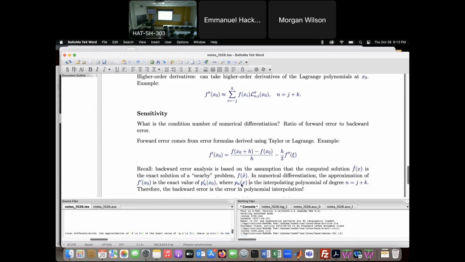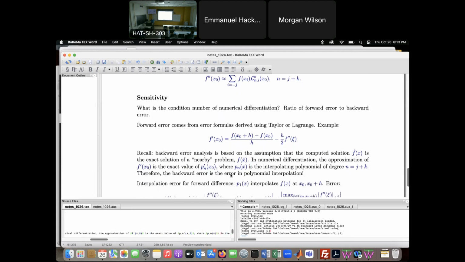So the backward error is the difference between your true input, f of x, and your approximate input, Pn of x, which is the polynomial interpolation error. So that's what backward error means in this case. This is why we studied all that stuff in chapter 2. Now it's relevant.